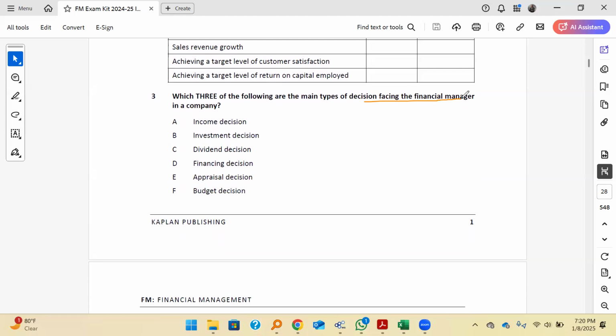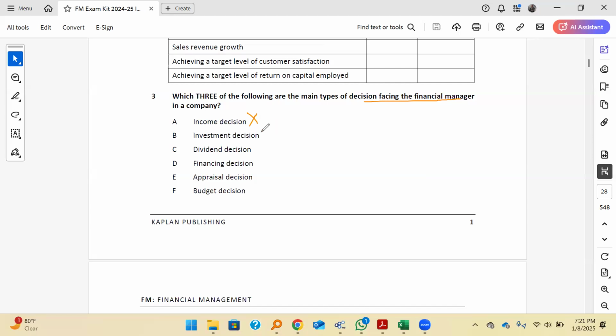The first one, income decision, is not a decision that a finance manager makes. What you need to know about decisions is that they are supposed to be about things you can control. You cannot control how much income the company earns, so there is no such thing as an income decision.